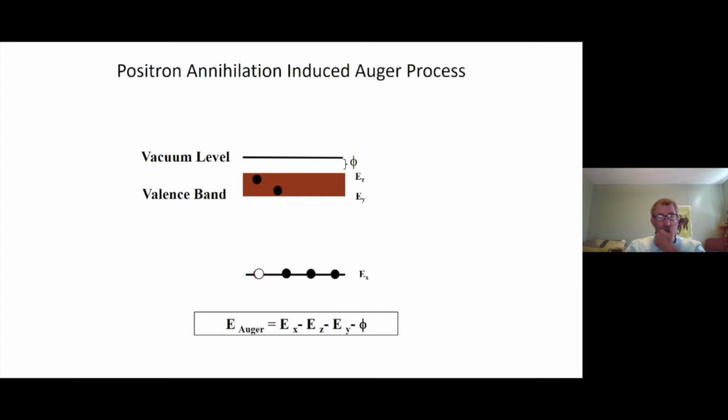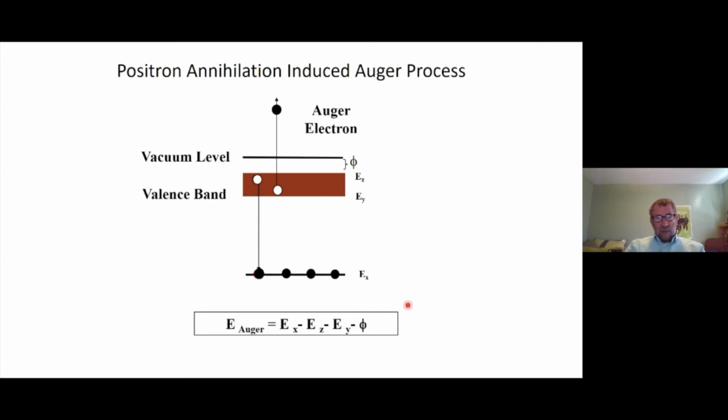And that hole represents a lot of energy, because that hole can be filled by a less tightly bound electron, and the energy transferred through a virtual photon to another electron, which can then leave the surface of the material.